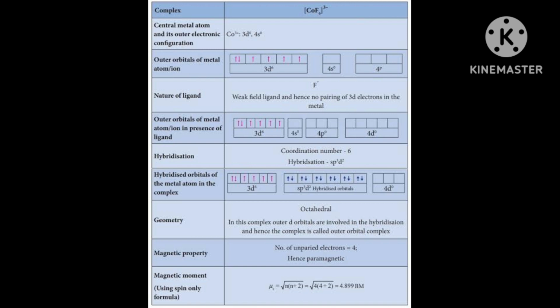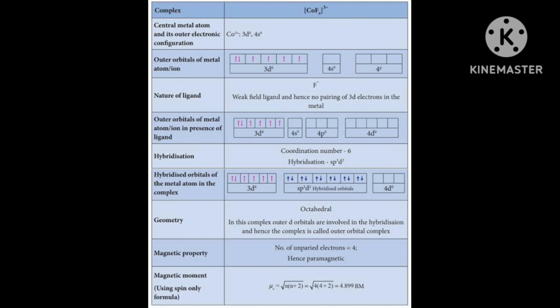Remember, if there are unpaired electrons, then it is paramagnetic. In this case, cobalt NH3 whole 6 3 plus is diamagnetic because of the absence of unpaired electrons.